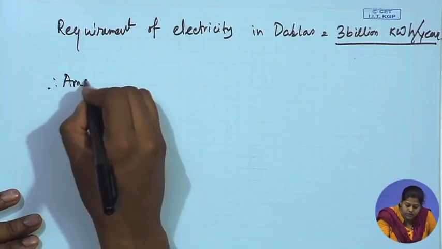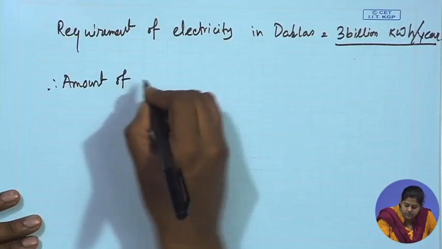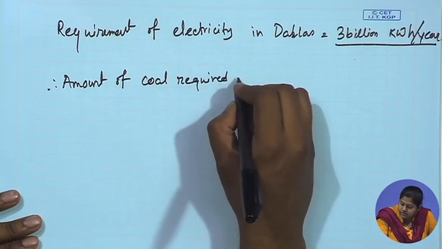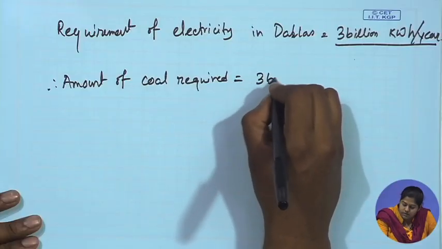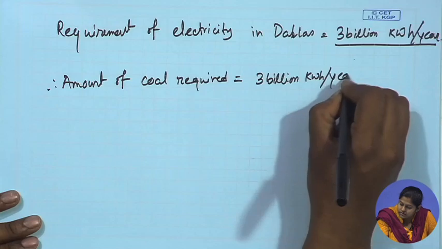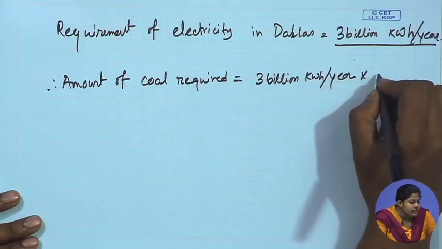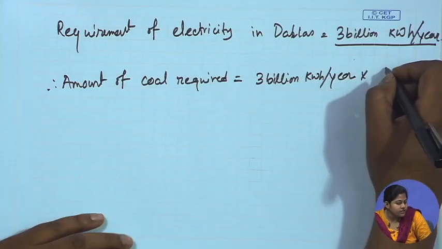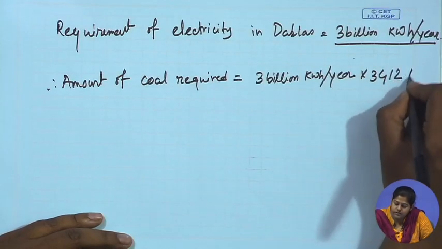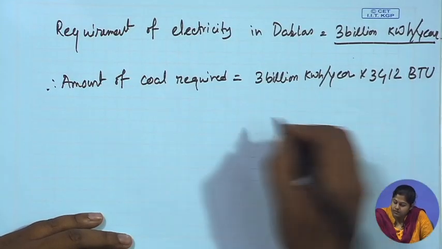So the amount of coal required is 3 billion kilowatt hour, which we have to generate in 1 year, and it has been said that 1 kilowatt hour is equal to 3412 BTU. So we will convert it into BTU, which is British thermal unit.